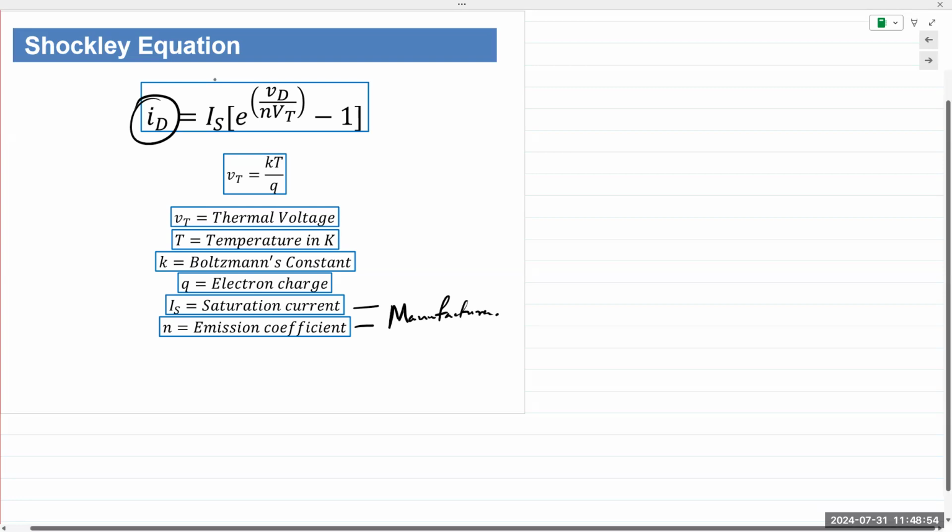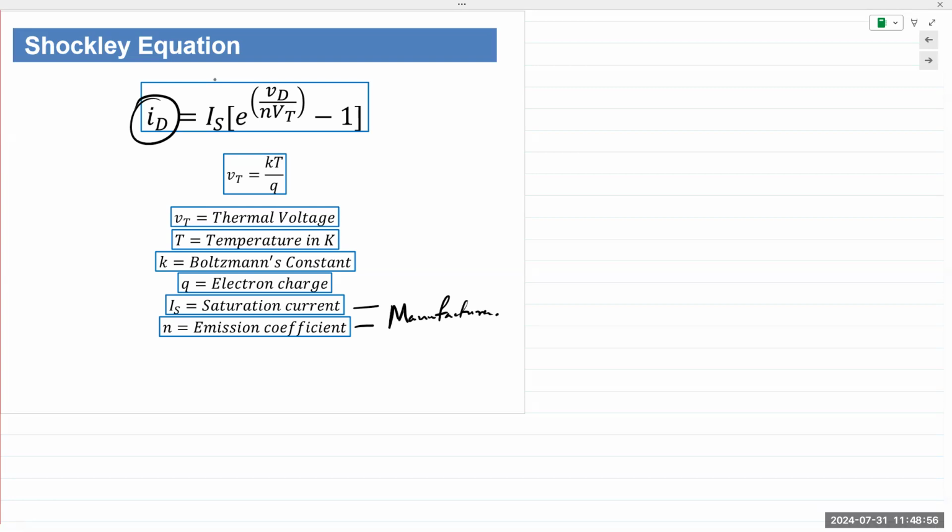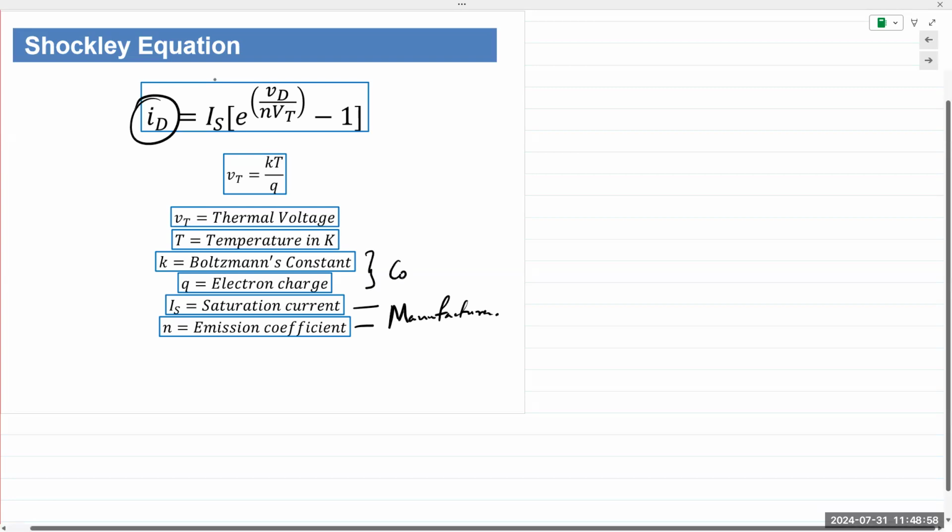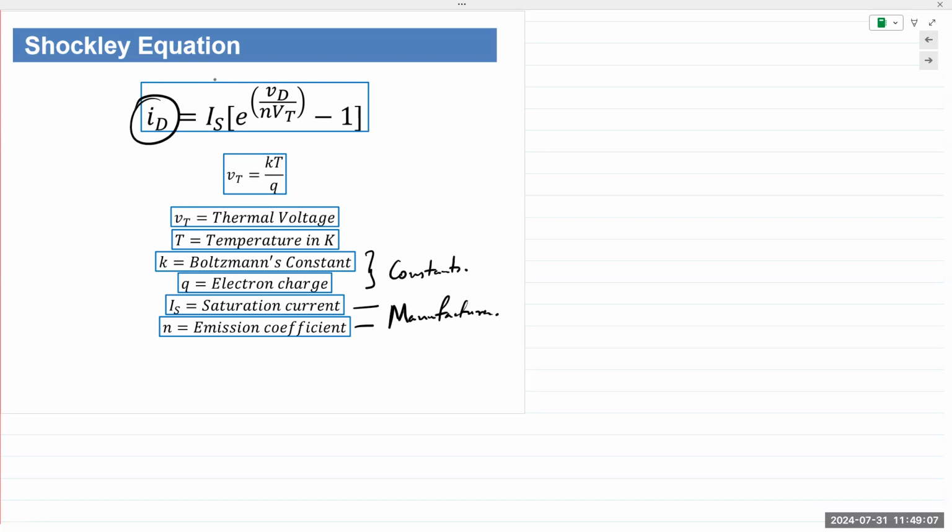Q is the electron charge. K is the Boltzmann's constant. Both of these are constants. T is the temperature in Kelvin. So if you say room temperature as 27 degrees C, then it will be 300 Kelvin.